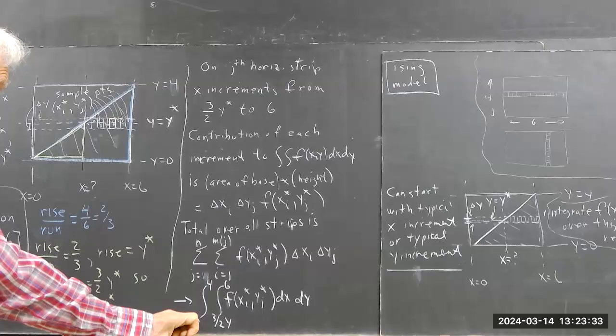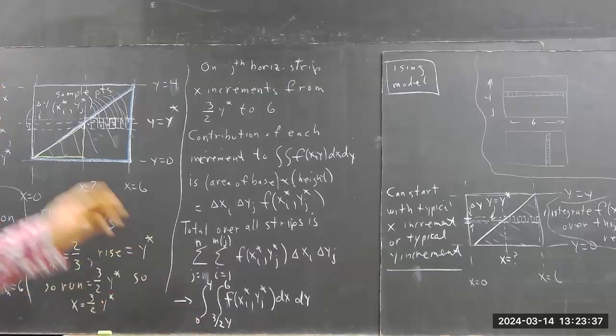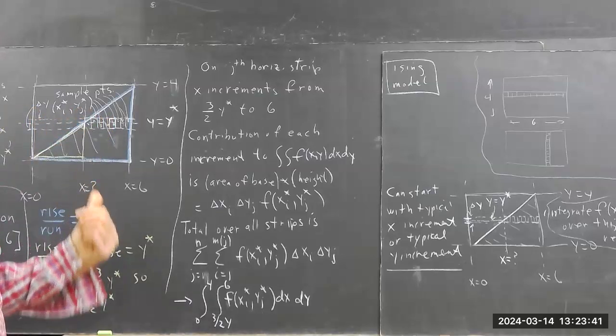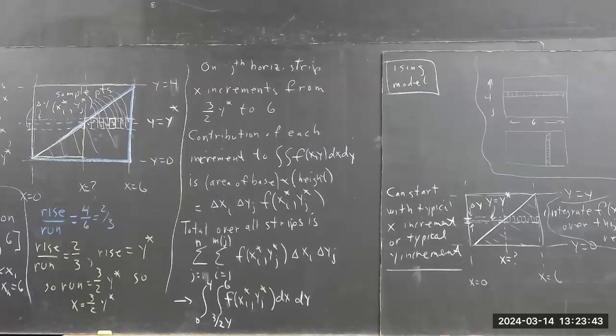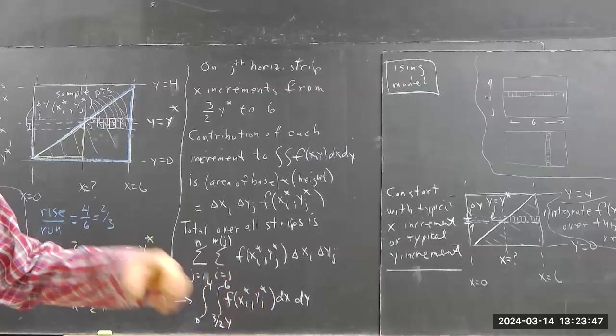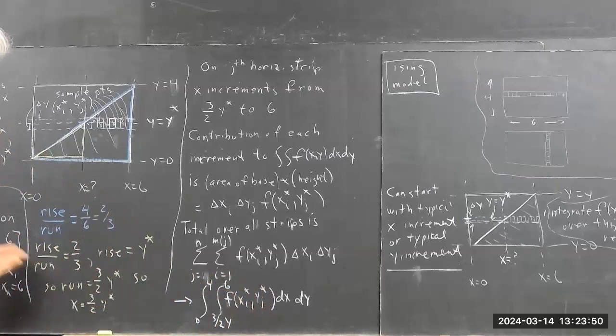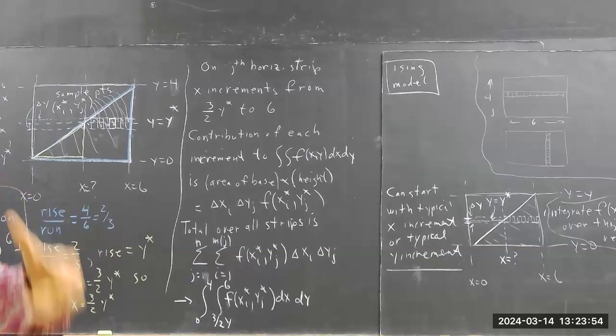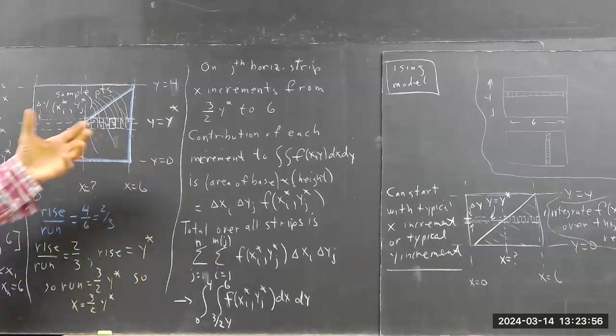So be patient with it. Basic pre-calculus gets the equation of these curves. Then you plug that into the multivariable calculus. And if you can do the pre-calculus, then you can get the limits on your integral.